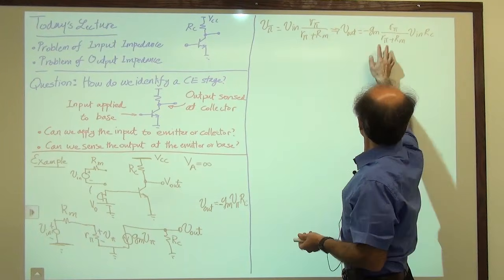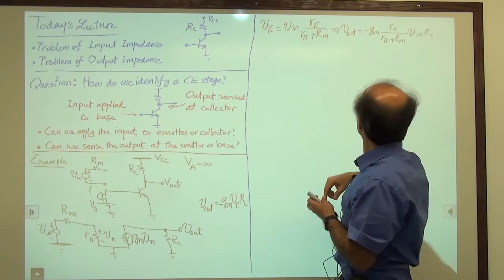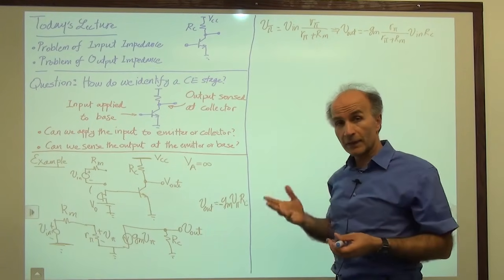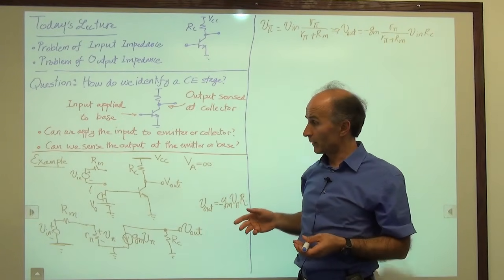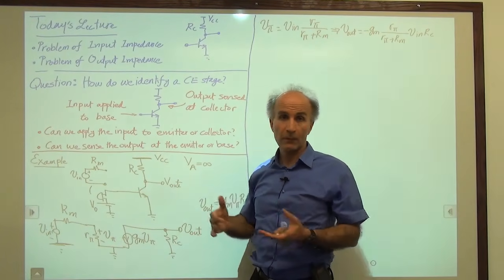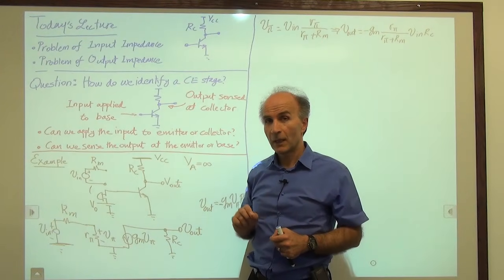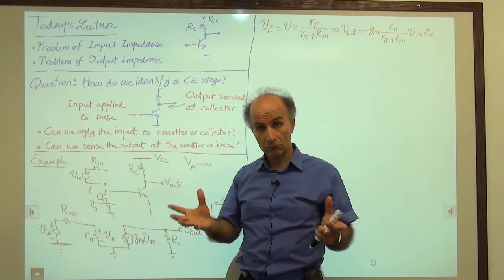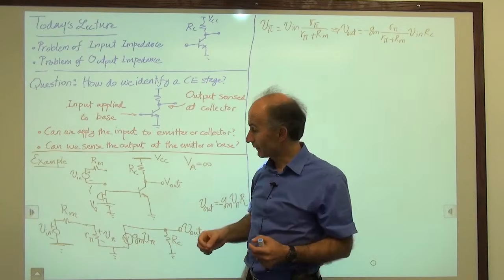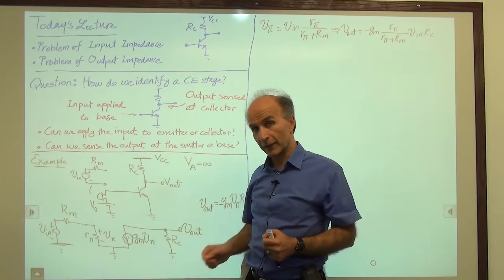So R pi is 2.6 kilo ohms if the bias current is 1 milliamp. Now whether Rm is 2.6 kilo ohms or not depends on the microphone. In some microphones, Rm is small, maybe 100 ohms. In some, it might be larger. But the key point here is that if Rm is some appreciable value, we have attenuation at the input before we amplify.